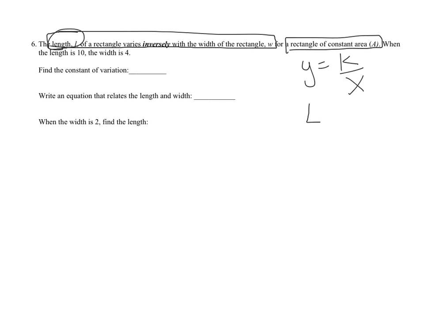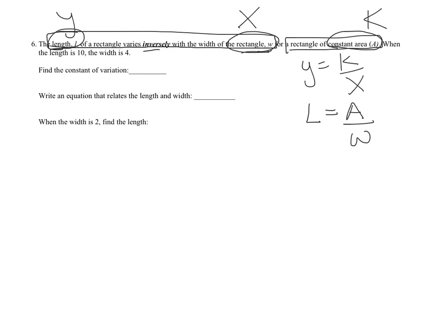That is y. So I'm going to say L equals, well, the constant, they said, is called A. So I'm going to put an A in the constant spot, over x. x is width, because it says length varies inversely with width. So I'm going to replace the x with a W.